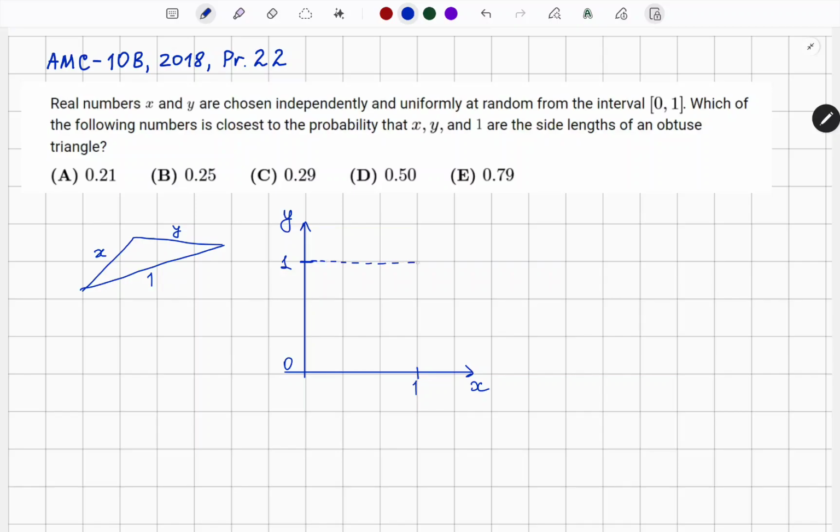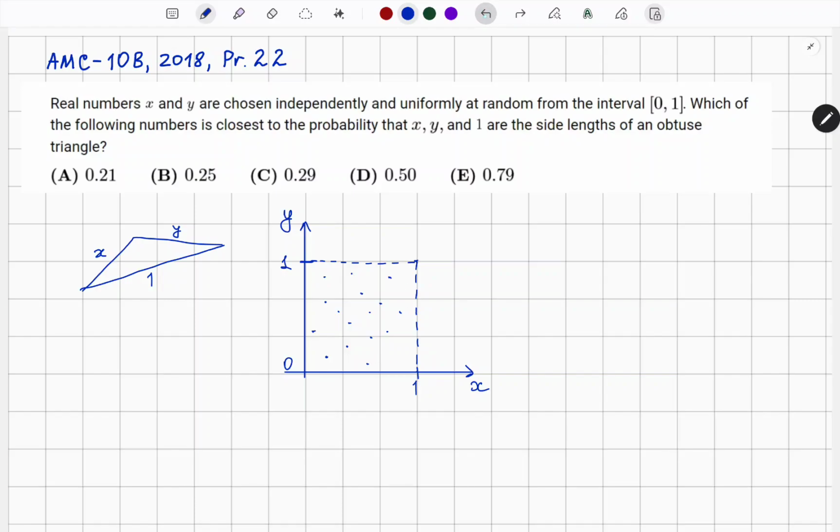When you choose a pair x, y, it means you choose a point inside the square with sides 0, 1, 0, 1, as I showed on the diagram. And this point is randomly picked in this square.